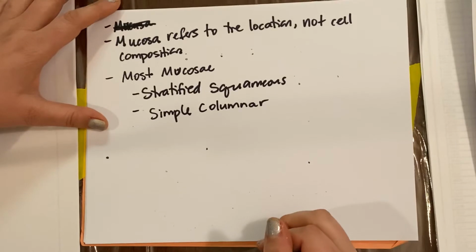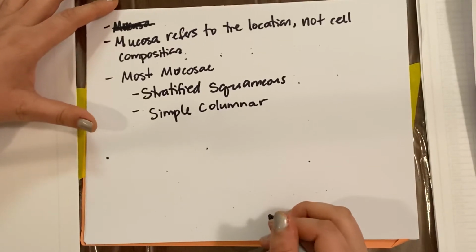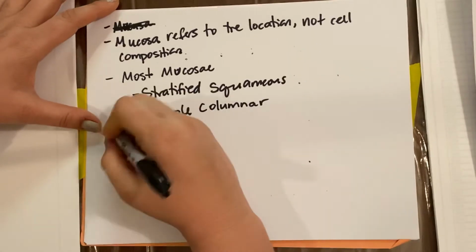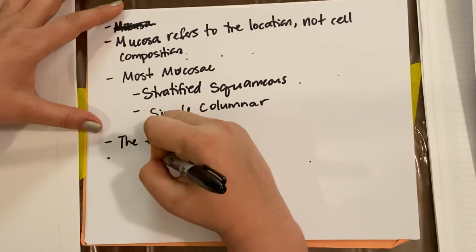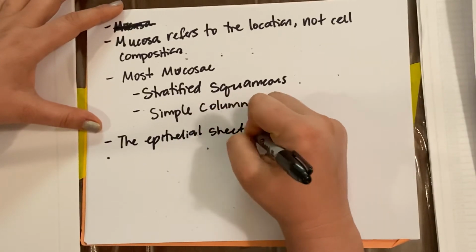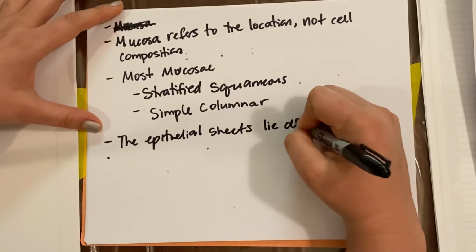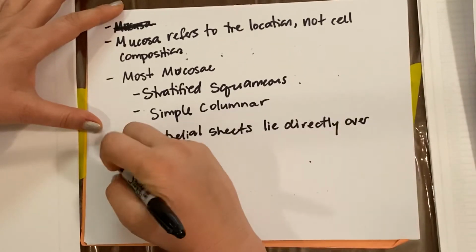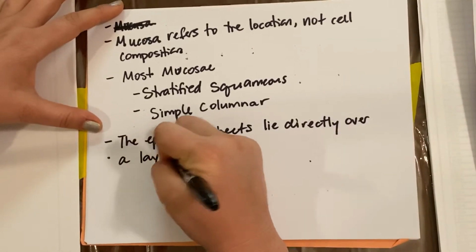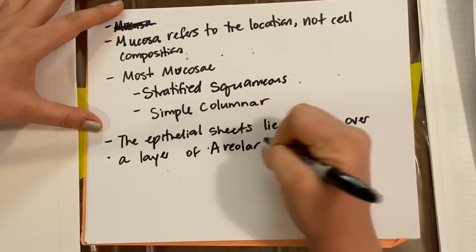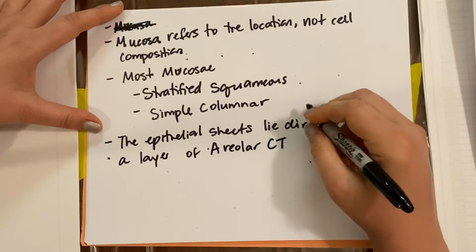In these cases, the epithelial sheets are going to lie kind of directly on top of connective tissue. So the epithelial sheets lie directly over a layer of areolar connective tissue.